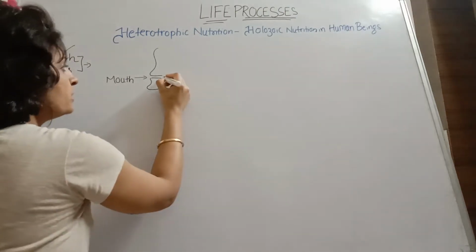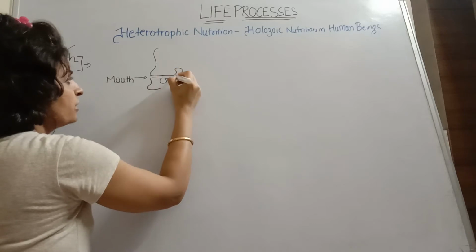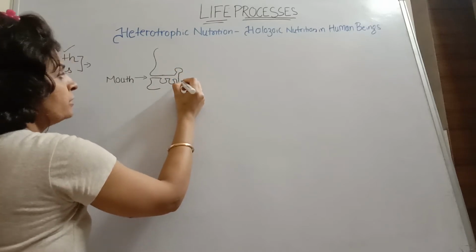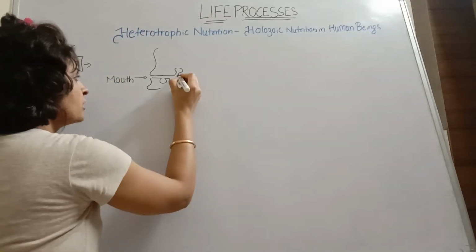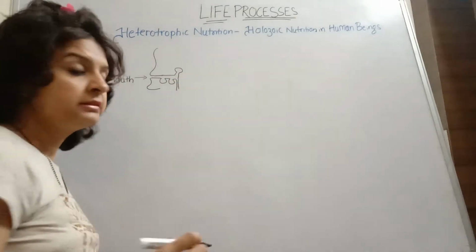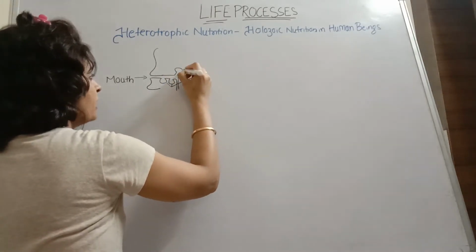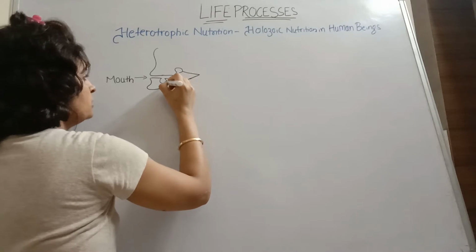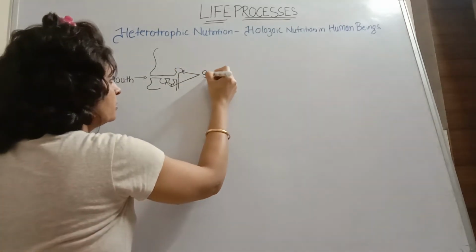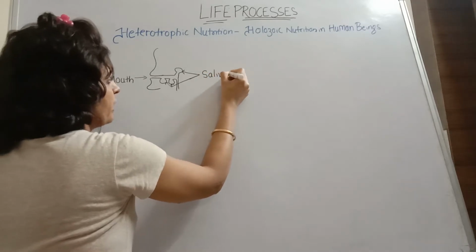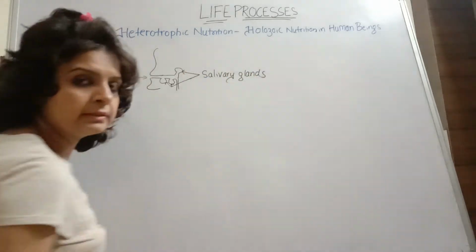Now, there are several sets of glands which are responsible for the release of the enzymes. And these particular glands are termed as the salivary glands. So, whatever these three pairs of glands I am showing you, this one, and this one. These three glands are termed as salivary glands.